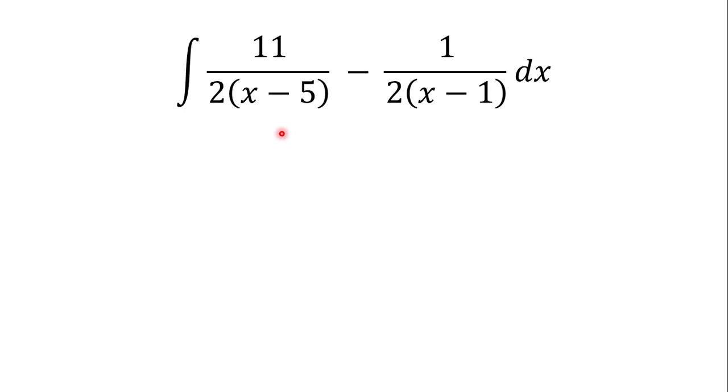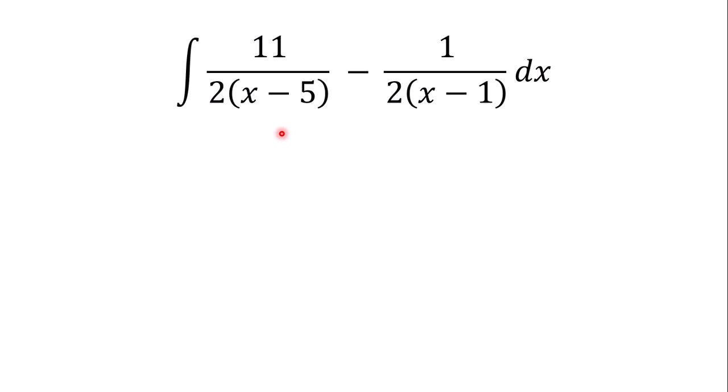Well, here you can factor out 1 over 2, and then you solve whatever you are going to get at the end of the day. When you factor out 1 over 2, I'm just going to get 11 over x minus 5 minus 1 over x minus 1.